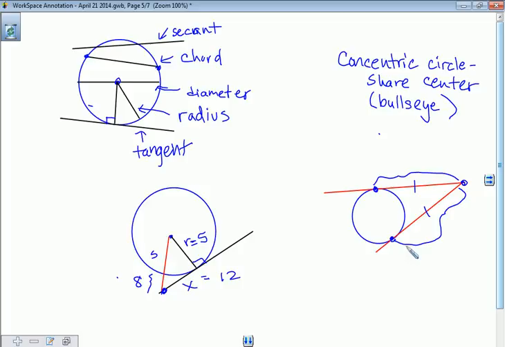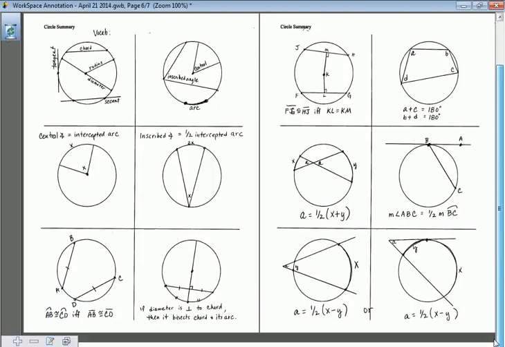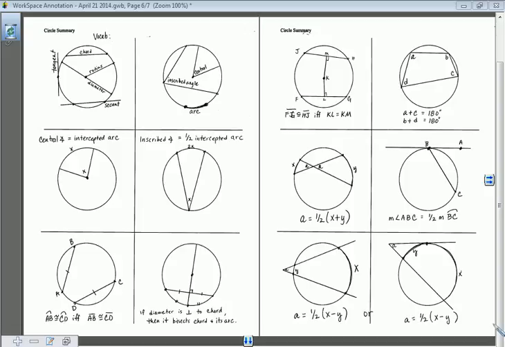Now, those of you that I've taught before, I'm about to throw a blast from the past at you. Do you remember our circle review from last year? All things circle. Okay, if you don't, we're about to go over it again. You blocked that out of your memory. It was bad.